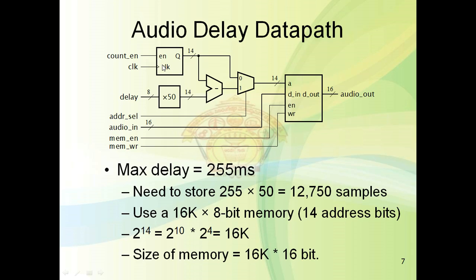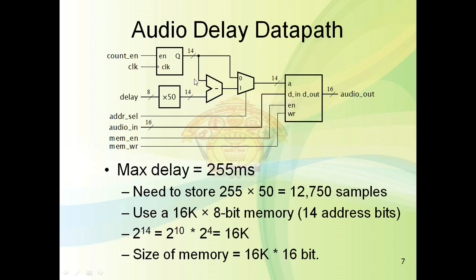To the counter we require a clock frequency, and the system clock frequency given in this example is 1 megahertz. We also require an enable, and according to our requirement we can enable it after every delay time.